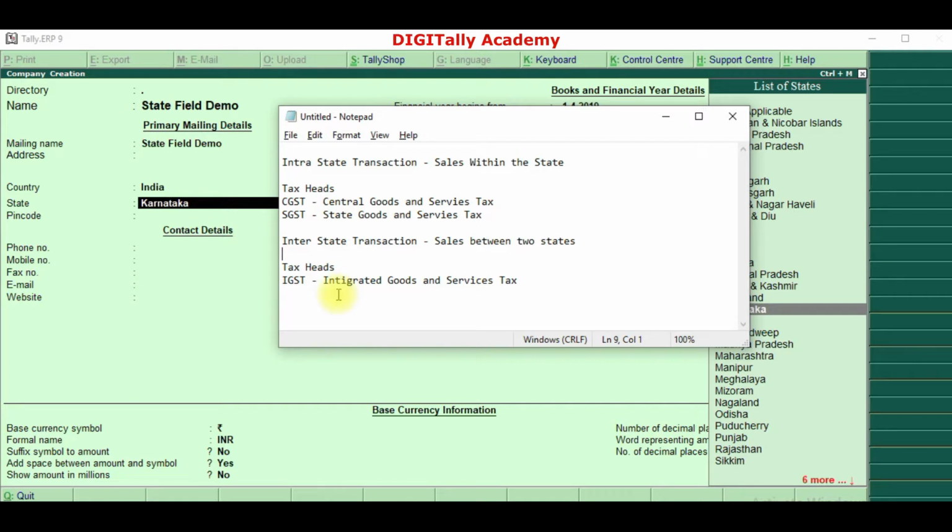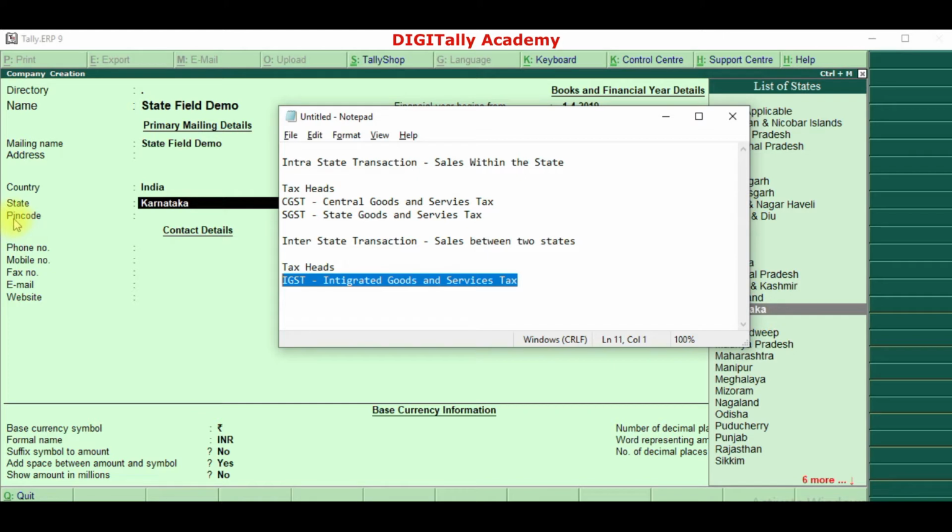So you should come back and select IGST only, then it will calculate IGST. One should understand that state is very important for maintaining books of accounts with the statutory module. If you have not selected the proper state, then Tally will not automatically calculate the tax components required for GST.